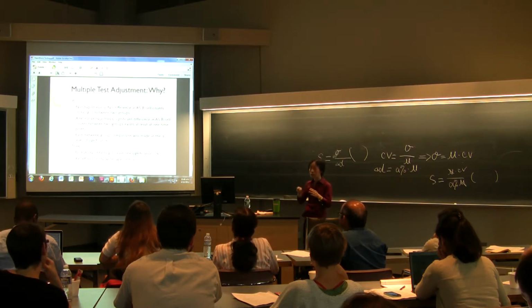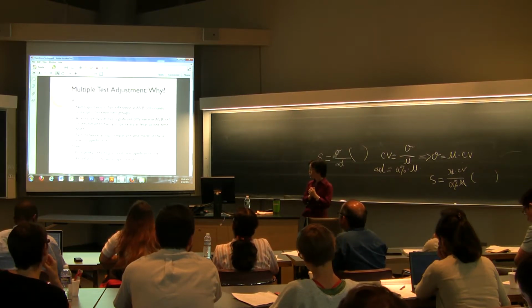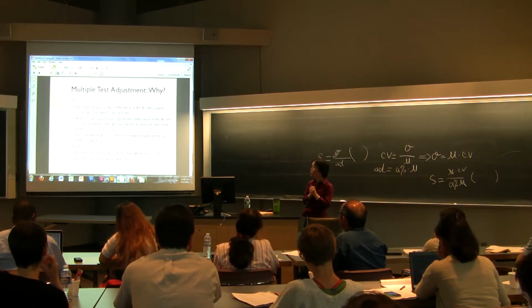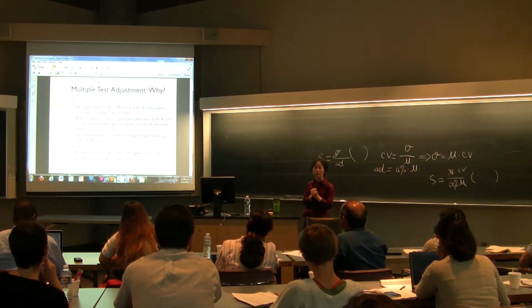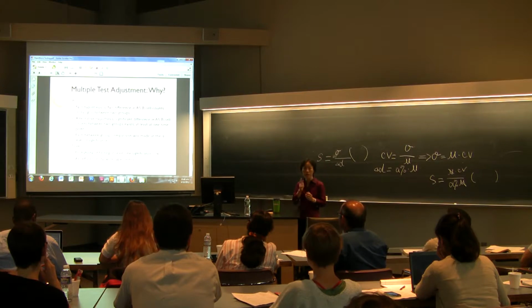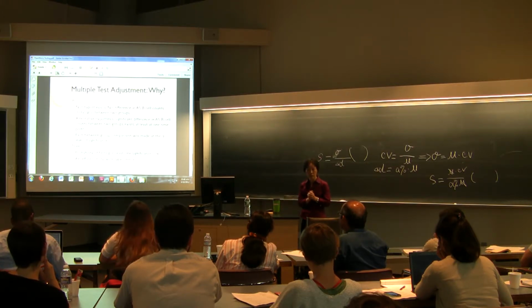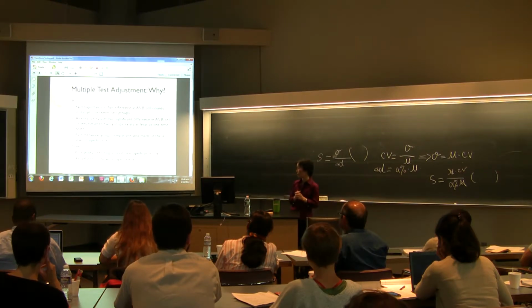Because each between group comparison is made at the alpha significance level, the probability of finding at least one significant result will be greater than alpha. We said before, we want to control the false positive rate. So we don't want the type 1 error to be greater than alpha. So we need to do the multiple test adjustment.